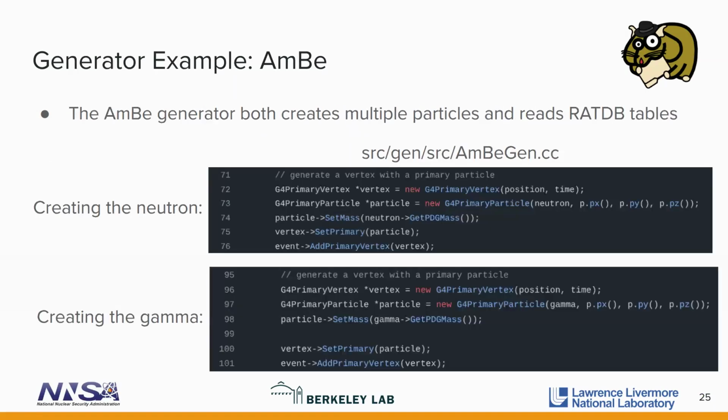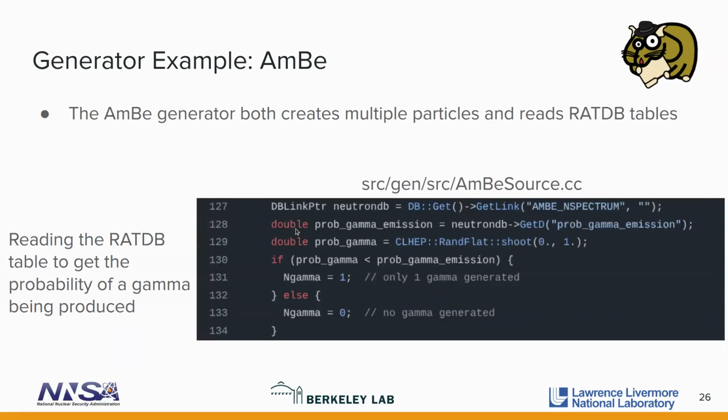So here in the AMBI generator code, it creates the neutron and the gamma separately, just a couple lines of code apart. Add the first vertex for the neutron and the next vertex for the gamma. It also will read in a ratdb table, this AMBI N spectrum, to get different values from that table.